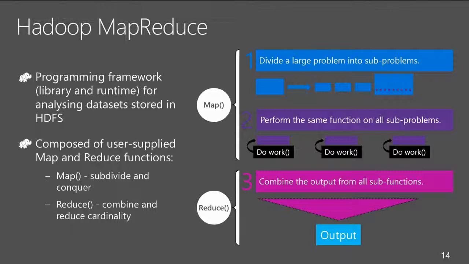Let's take a very simple example so you guys understand this better. You have a text file, and you want to count the top 10 words that occur the most, right? How would you do it in MapReduce? A mapper would break that file into multiple parts. For each part, it would read the words and calculate within that part of the file how many times each word occurred, right?